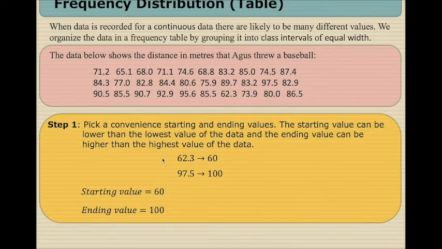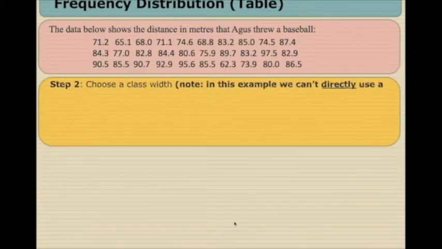The lowest value of the data is 62.3. So what we do, we lower it down to a more convenient value, which is 60, and the highest value is 97.5, and we round this up to 100, which is more convenient. So here are the starting and ending values. Okay, let's take a look at step 2.